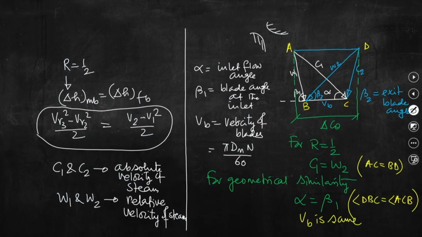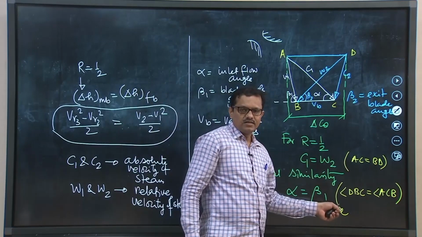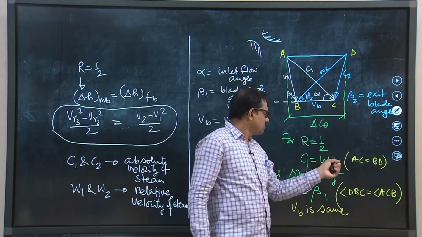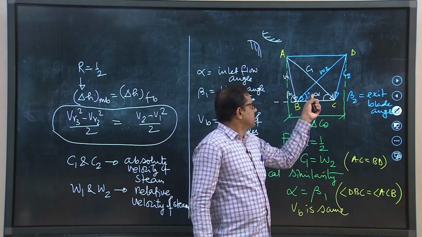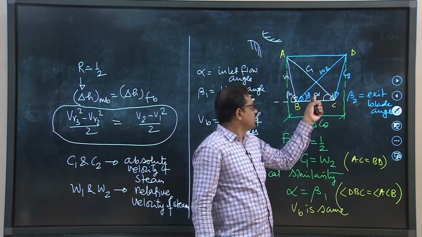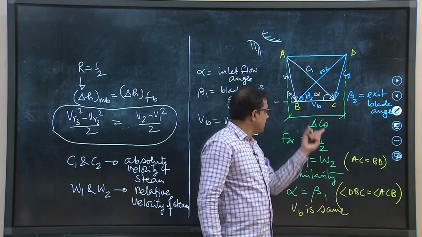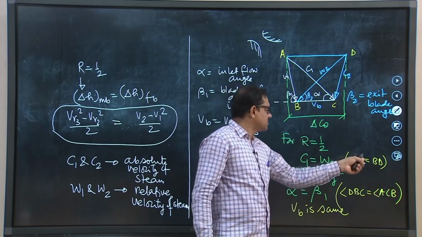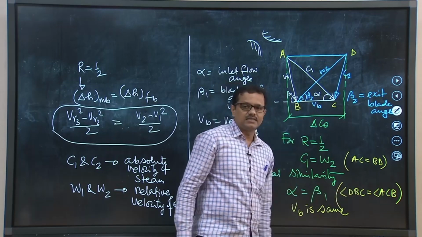What we studied in class 10 is side angle side. So we can compare these two triangles from this diagram. There is a common side, that is BC, the other two sides are equal, that is AC and BD, and two angles are the same, that is angle DBC and angle ACB.